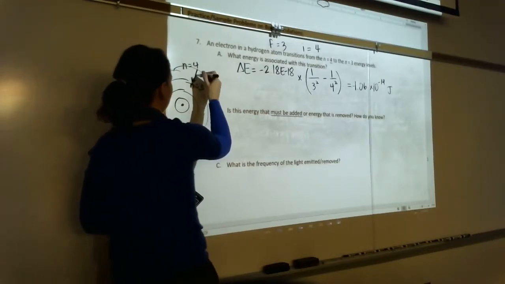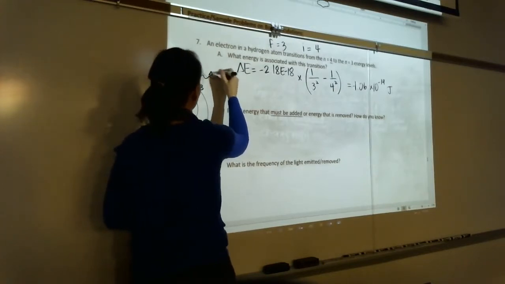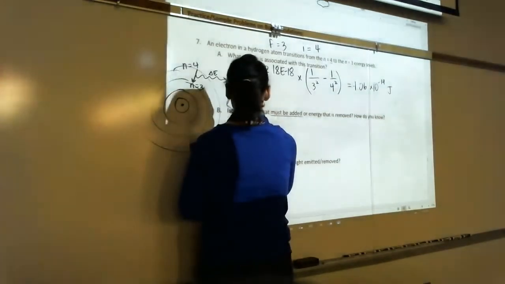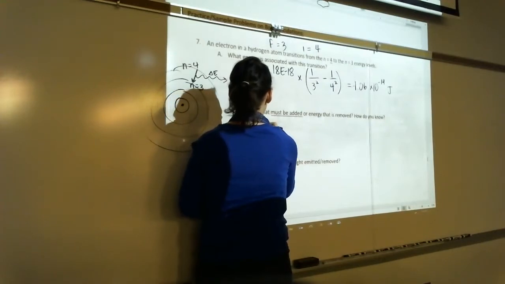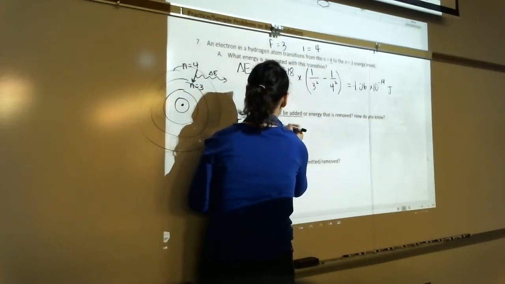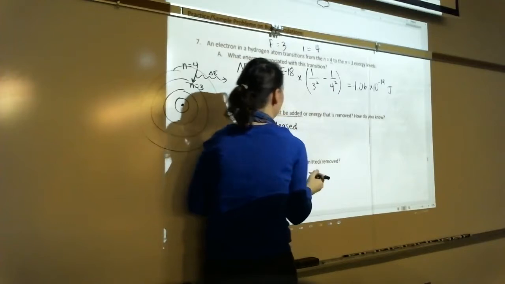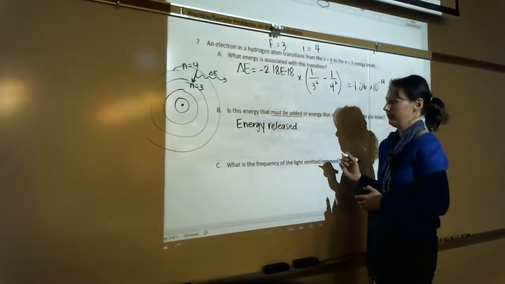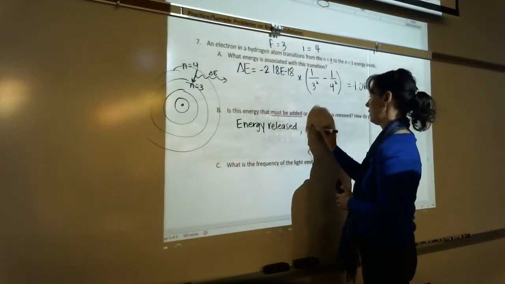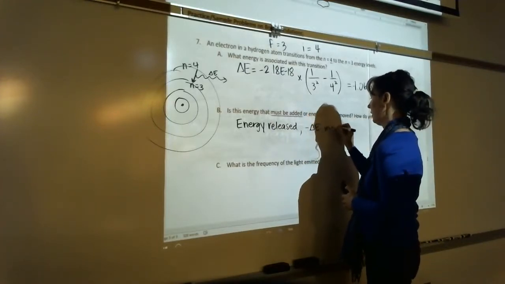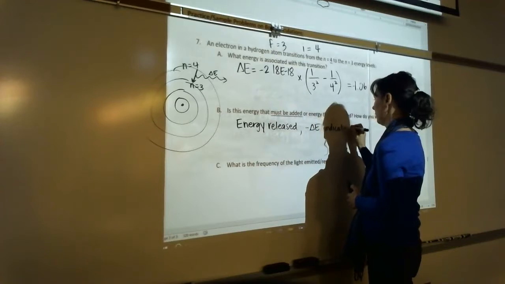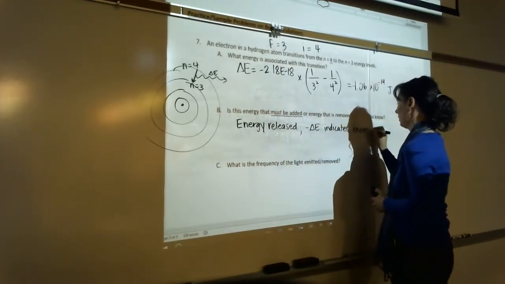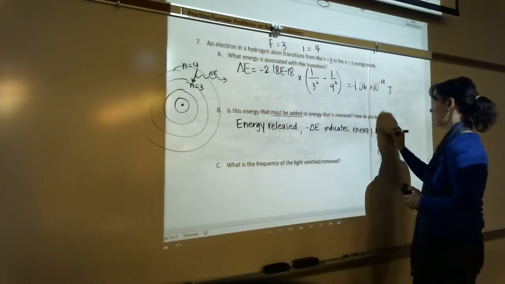Going out. This is energy that's released, right? And how do I know? Because what? Negative. Right. Negative delta E indicates energy release.